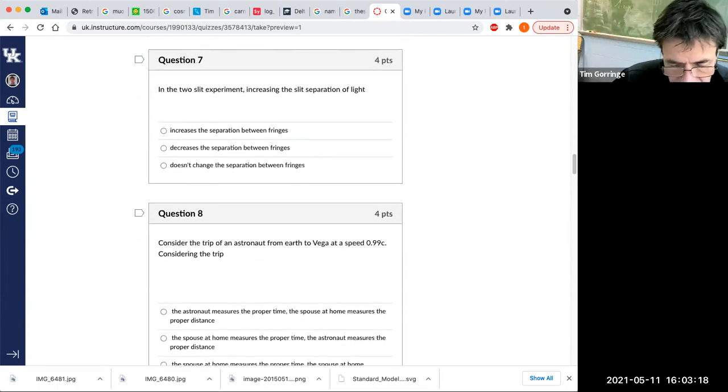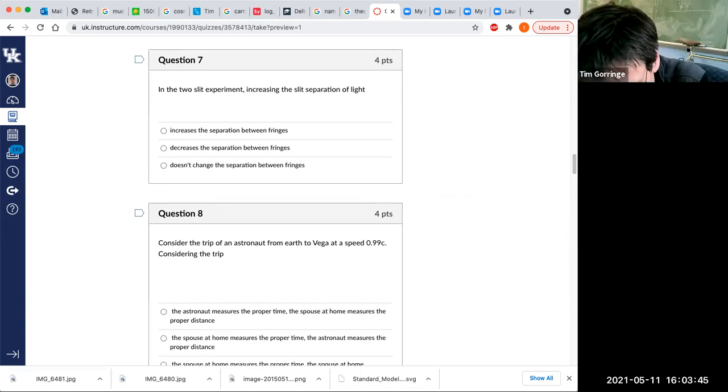Okay, question number 7. Question number 7 is about the two-slit experiment, or the two-slit setup, Young's two-slit setup. In that setup, light passing through the two slits interferes with one another, and we get an interference pattern of constructive-destructive interference.